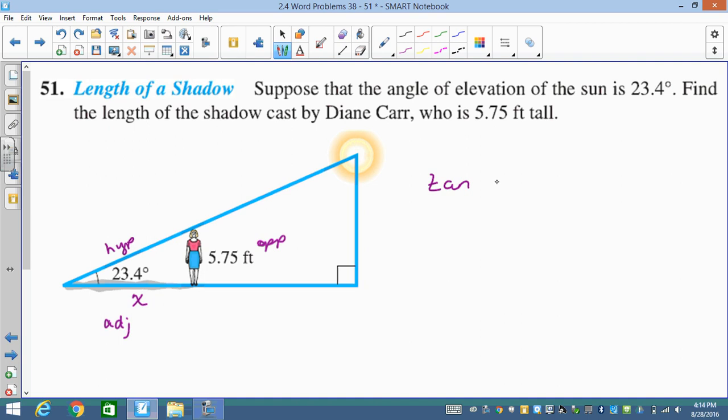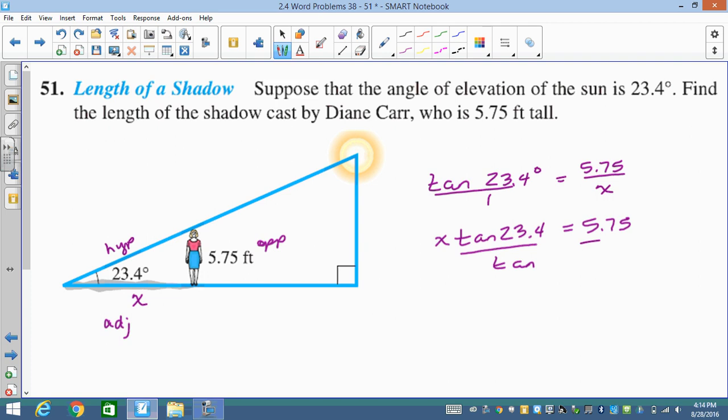Tangent of 23.4 degrees equals opposite, which is 5.75 feet, over x. Cross multiply, we get x tangent of 23.4 equals 5.75 feet. Divide by tangent, so we get x equals 5.75 divided by the tangent of 23.4.